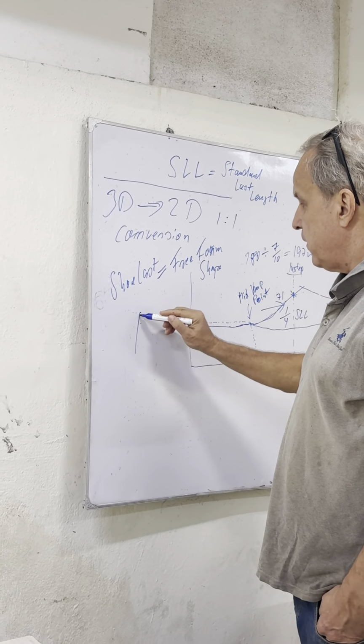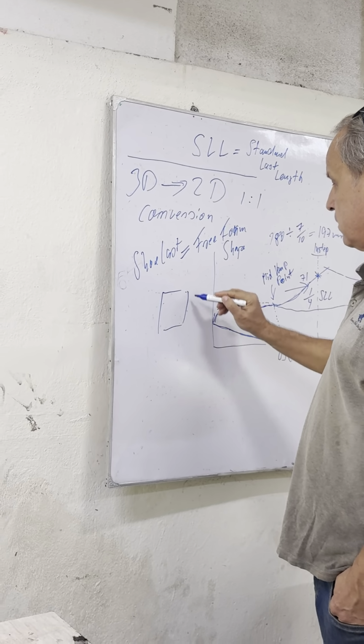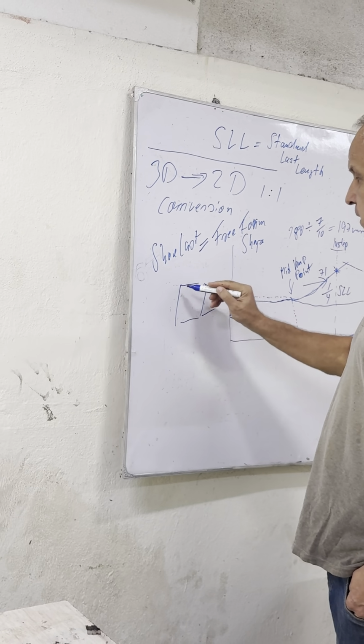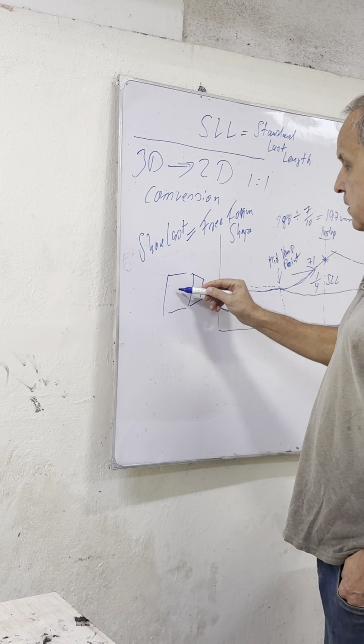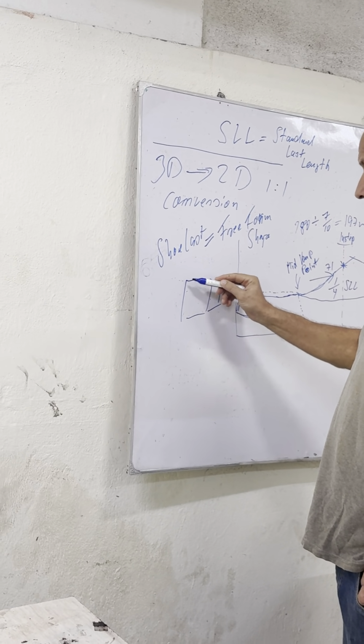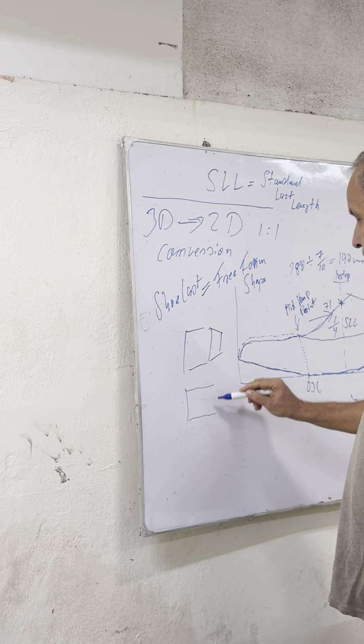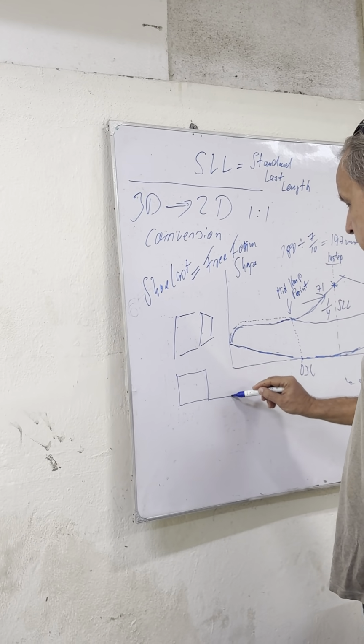If you have, let's say, a cube or something like that, we can convert this. We are taking this area, and the shape will look actually like this.